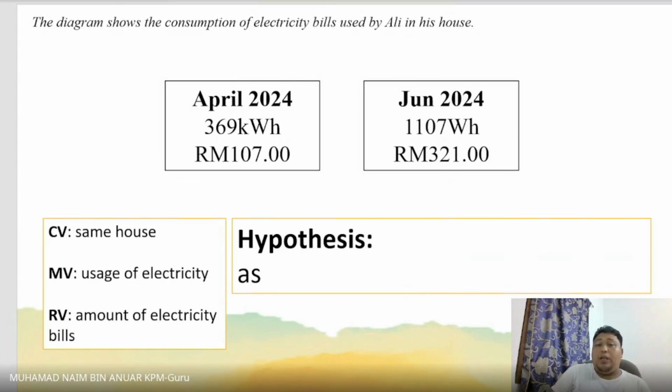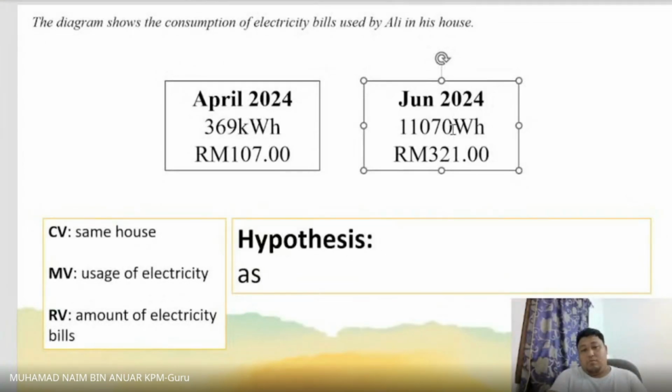In June, Ali used more, which is 1,107 kilowatts, and 321 ringgit.